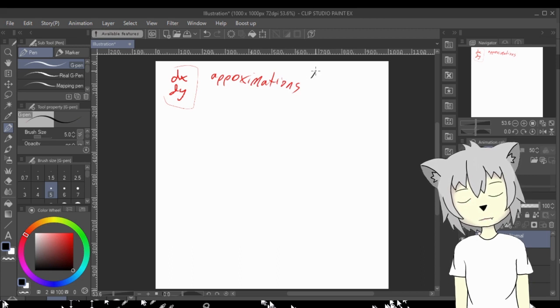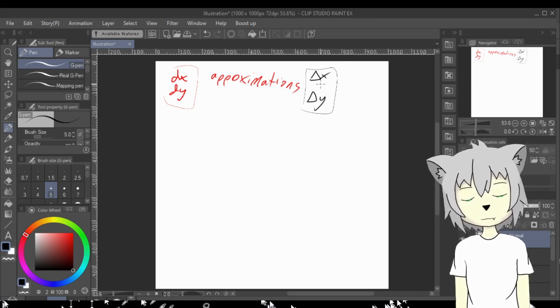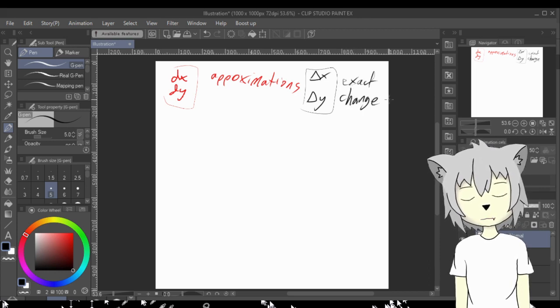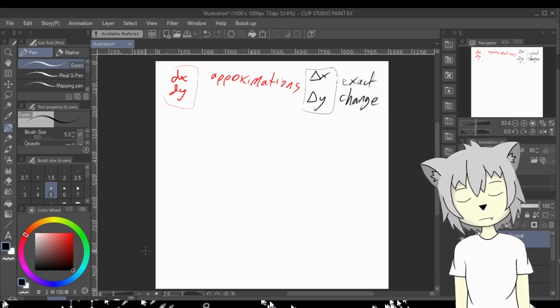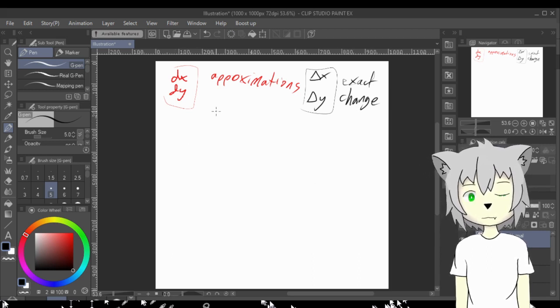But Δx and Δy are basically the actual change of the function, so the exact change, I guess. That's basically the difference. Although they're similar, you'll probably get completely different values.